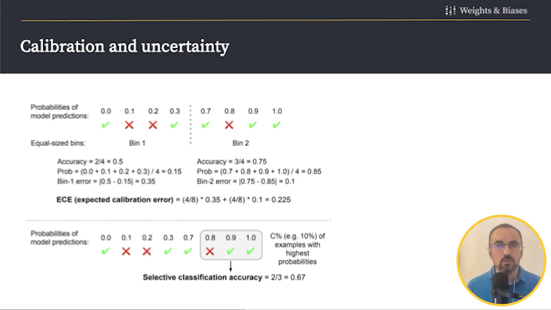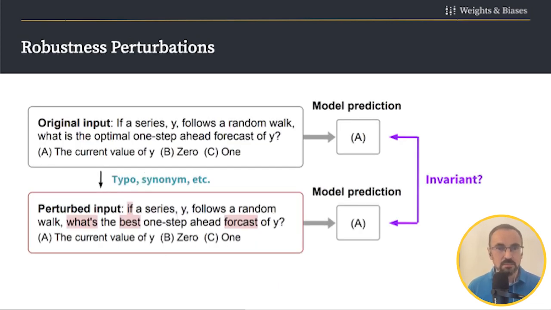And if you want to use predictions from a language model in the real world, it's good to have a calibrated probability, because then based on the probabilities, you can take different actions. So that's a helpful feature for a language model. Robustness: there's a bunch of metrics that are calculated using different perturbations.